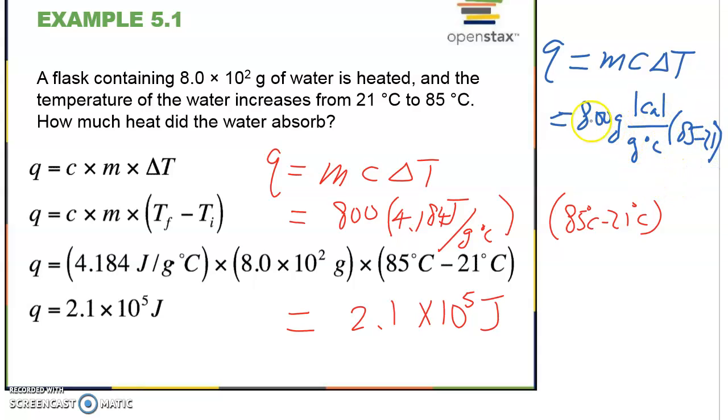So you have 800 multiplied by 85 minus 21. I got, in terms of small c calories, 51200. In other words, that many calories. If you want to write it in capital C, it would be 51.2 big Calories.